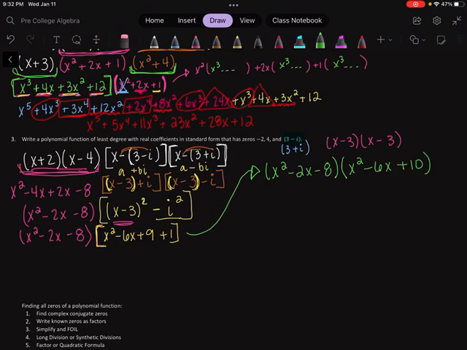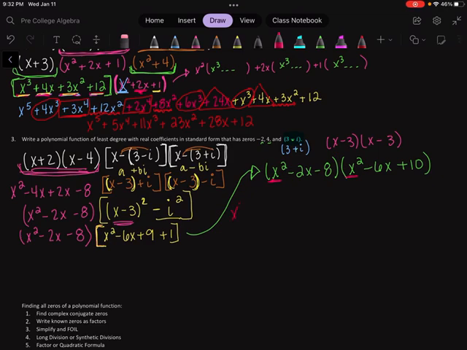And if we go back to the original question, least degree with real coefficients in standard form, we had 1, 2, 3, 4 zeros, 4 roots, right? So I need my degree to be 4. So I'm going to basically take this guy and multiply it to x squared.